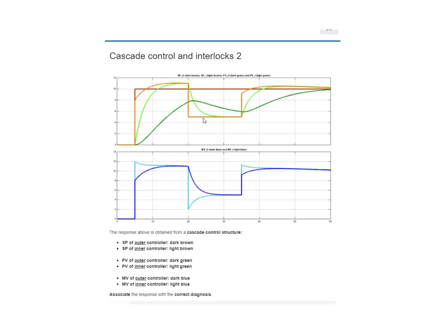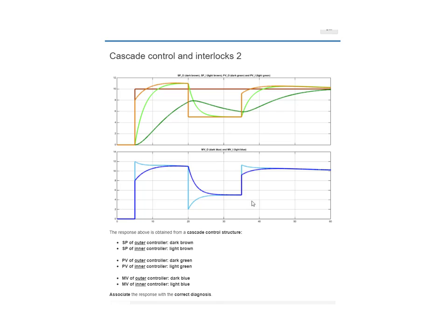And in this case, we can see that the interlock strategy is implemented correctly because, well, the outer MV in dark blue follows the inner PV, right?